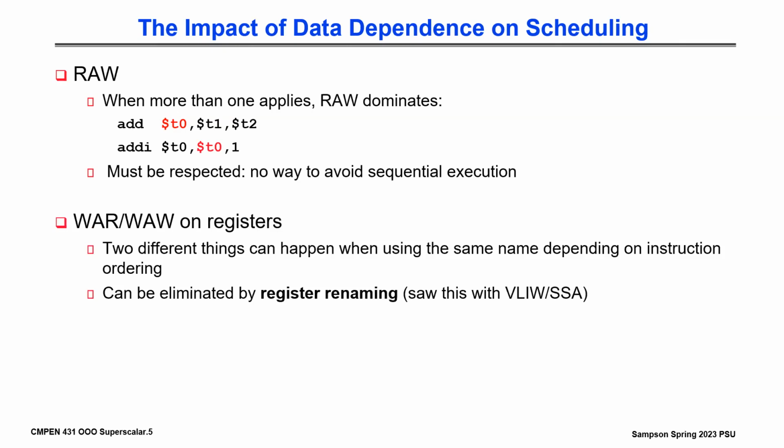Right? Now, we saw a technique with single static assignment where the compiler tried to avoid write after read, write after write, both to enable some static optimizations and also to even make the final program.